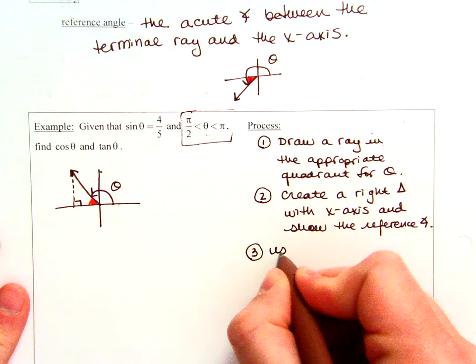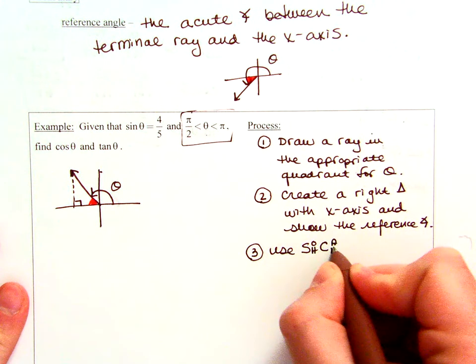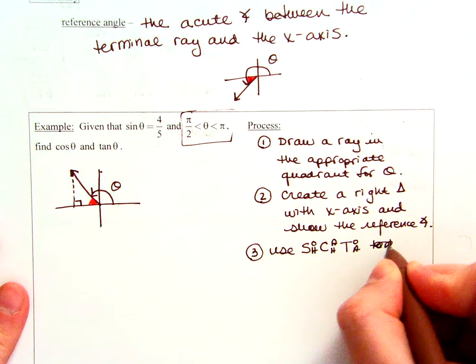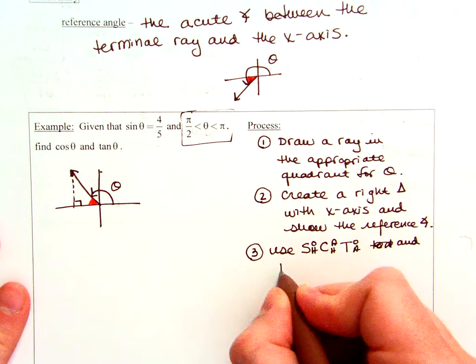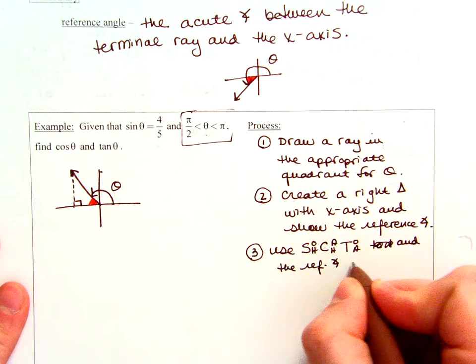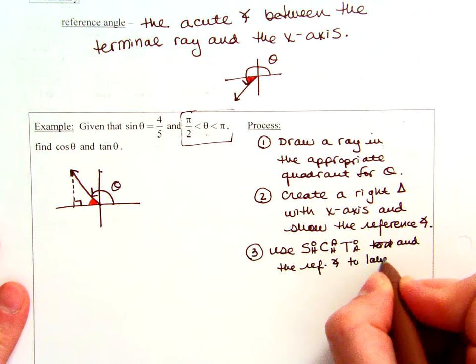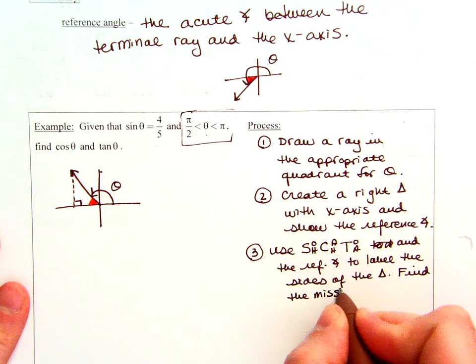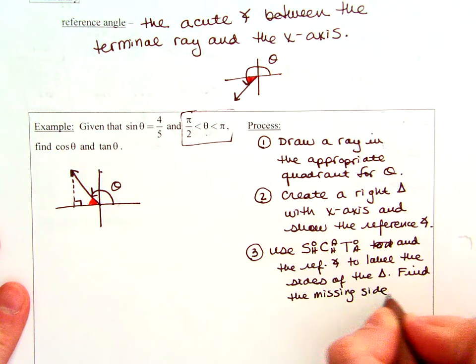I'm going to use SOHCAHTOA and the reference angle to label the sides of the triangle. I'm also going to find the missing side.